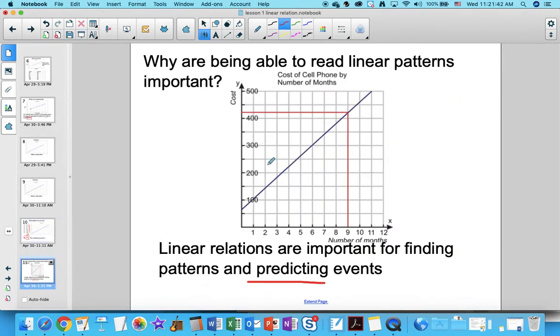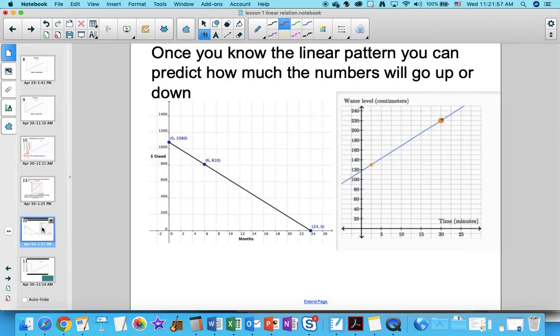And that's important for real-life information like this, where you could predict what the cost of a cell phone is after 2 years, 3 years, 10 years. Once you know the linear pattern, you can predict how much the numbers will go up or down, because patterns can start to go down as well.